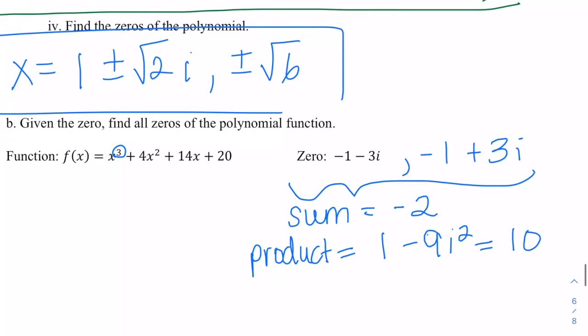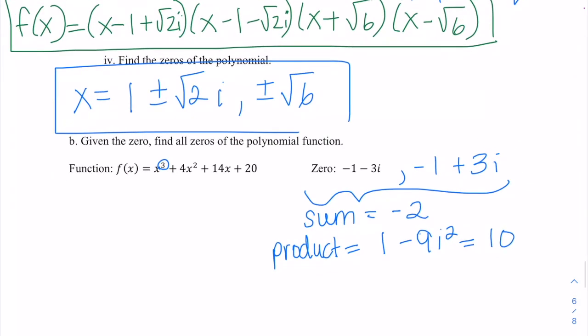Okay, so if we're going to write this as a polynomial, it would be x squared plus 2x plus 10. All right, so if we know 2 roots, given those imaginary conjugate pairs, well, if we divide this polynomial by that expression, we can find the last root.